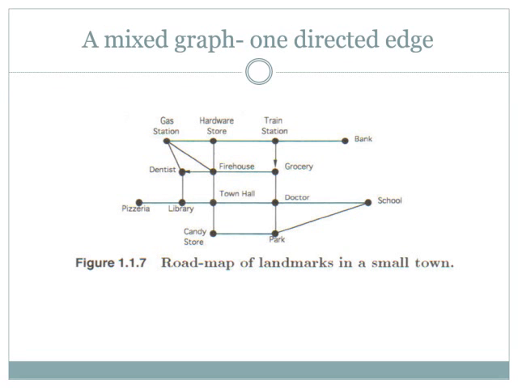In the roadmap, you might notice that the edge connecting the firehouse to the dentist is a directed edge. So this example illustrates that we can have a mixed graph. Some of the edges have directions and some don't. Actually, all the edges that don't have a direction, you can think of them as bidirectional.